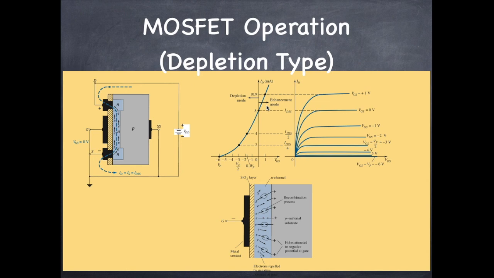When VGS is negative, it works in the depletion mode. Why? Because when VGS becomes positive, additional electrons are there in the channel. So it is very similar to enhancement type of MOSFET where positive gate voltage creates the channel.